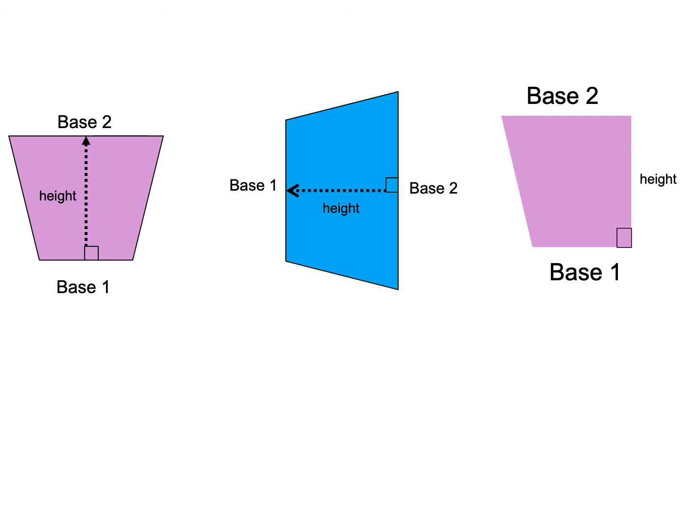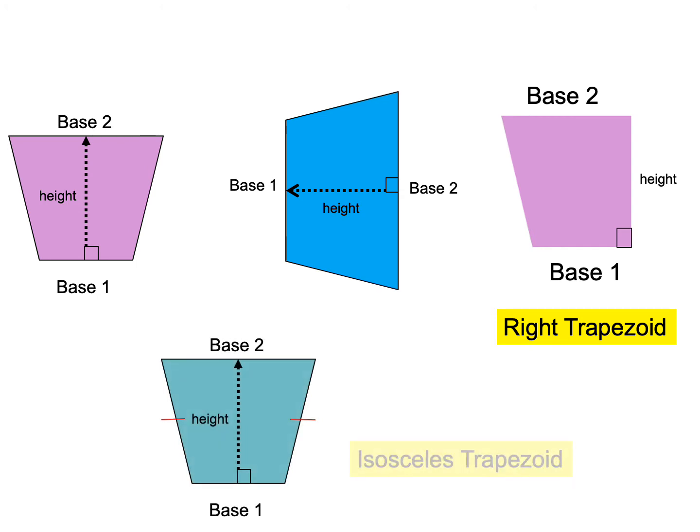So even though they're only going to show one as being a right angle, you actually get 2 right angles there. So this one's called a right trapezoid. So the height would be one of the sides that's attached to the little tiny square you see right there. And the third flavor is called an isosceles one. That's where the 2 legs are congruent. Okay, we like isosceles trapezoid.